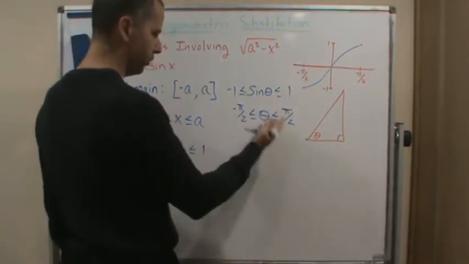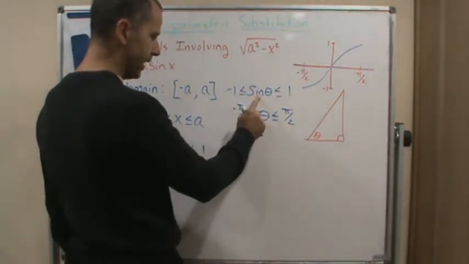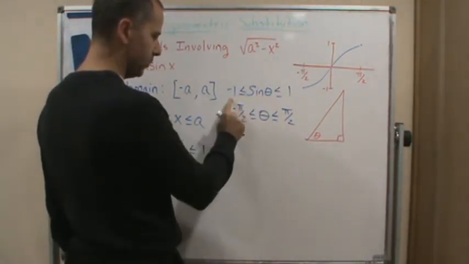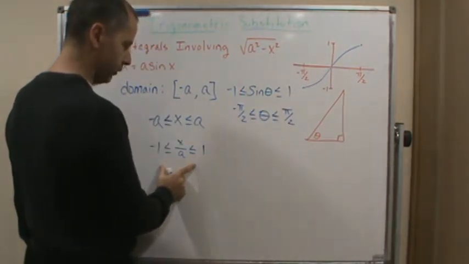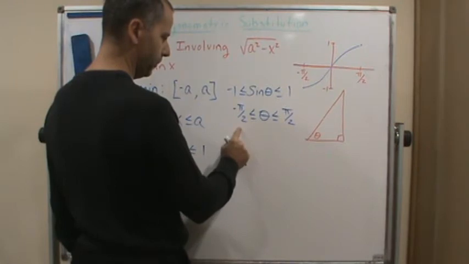Now we come over to the integral. We know that sine theta is between -1 and 1, which matches this, when theta is between these two.